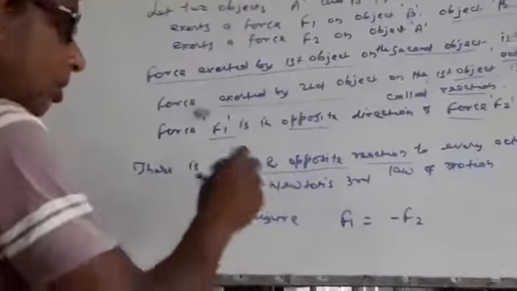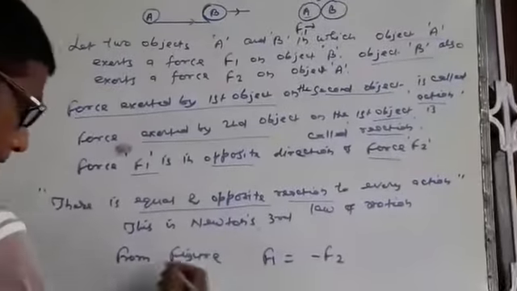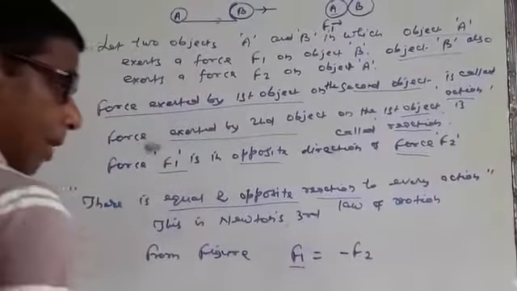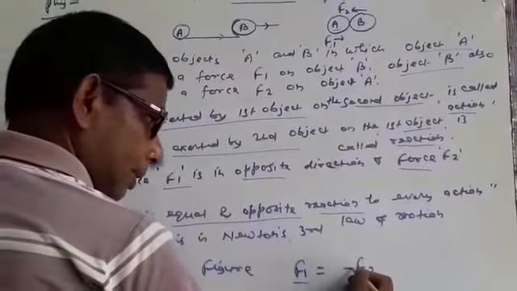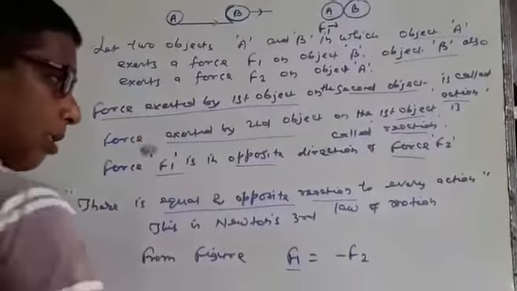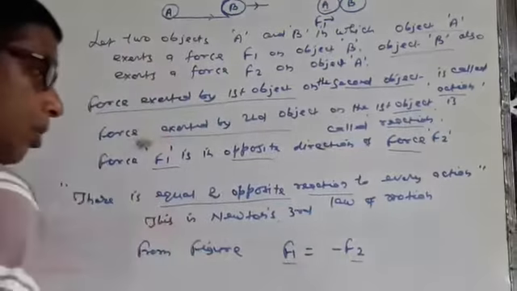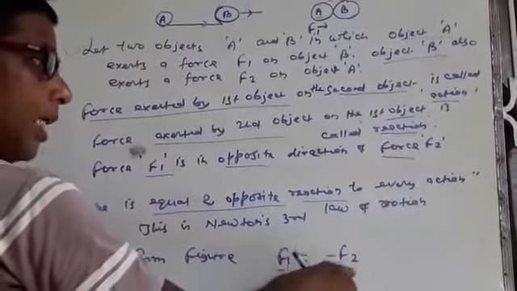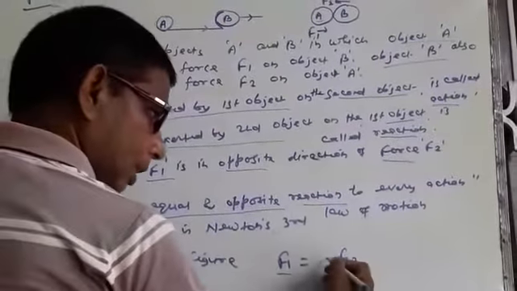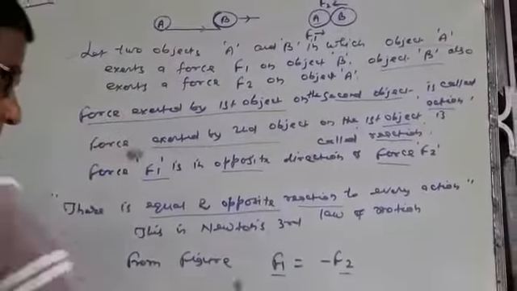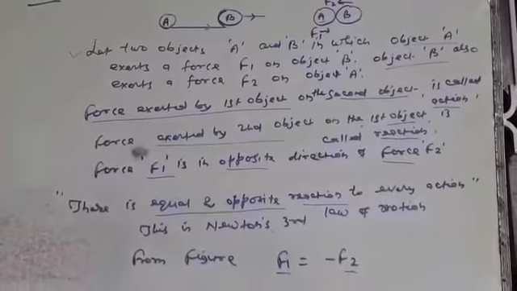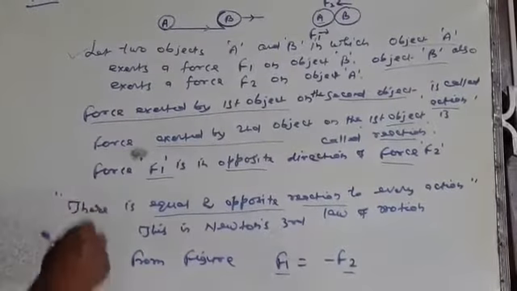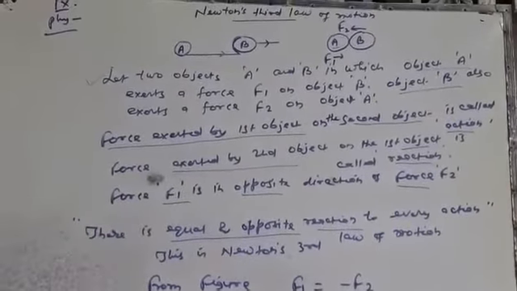Here, the force exerted by the first object is called action. The force exerted by the second object on the first object is called reaction, that is F2. F1 equal to minus F2. Minus indicates that the force F2 is opposite to the force F1. This is Newton's third law of motion.